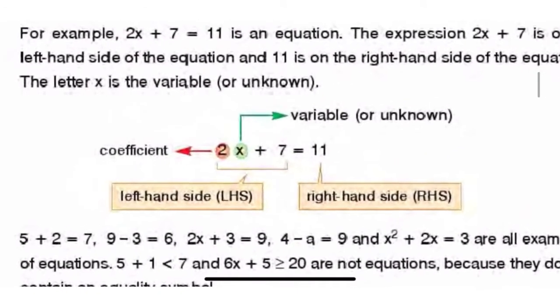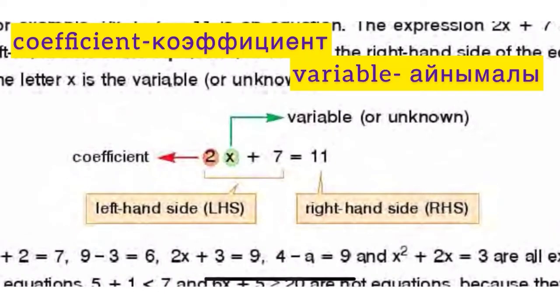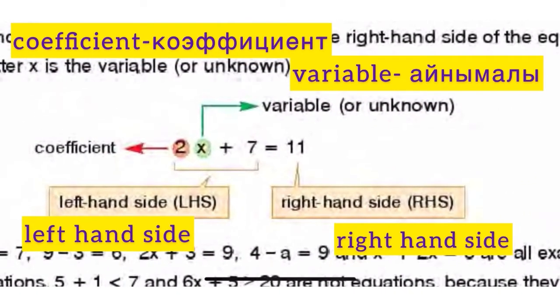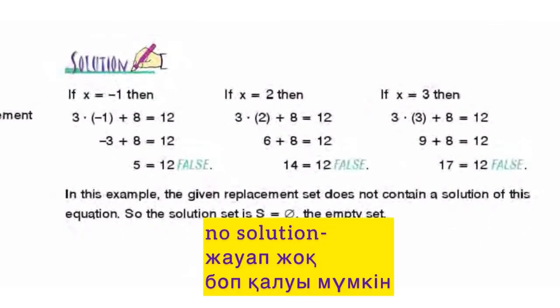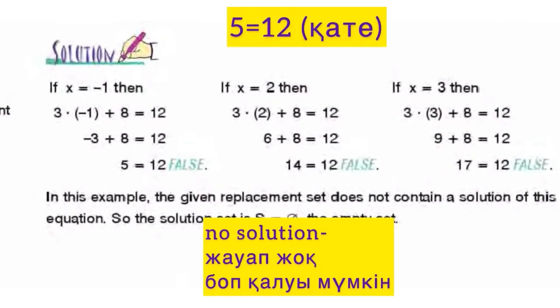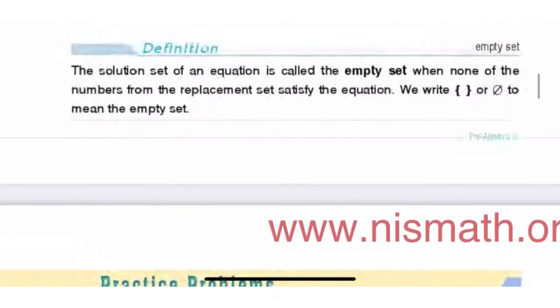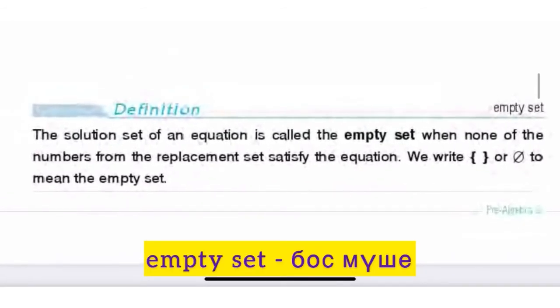Illustration for an equation, we have coefficient, variable or unknown, left-hand side, right-hand side of the equation. In some problems, there might be no solution. We could end up like 5 equals 12. That's not true, that's false. So what will be our answer then? It will be empty set or no answer, no solution.